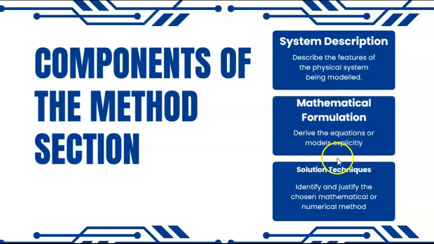The third part is the solution techniques. Now, in the mathematical formulation, it's where you pull out or invoke a particular mathematical principle, a formula, or an equation that models the physical system theoretically.